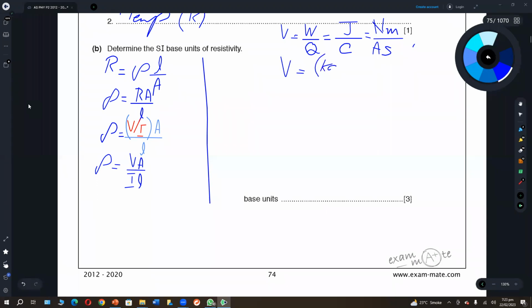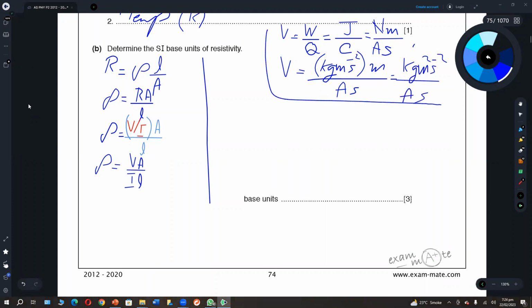Can I write it kg m s minus 2 into meter upon ampere into second? Yes. Then kg m square s minus 2 upon ampere into second.